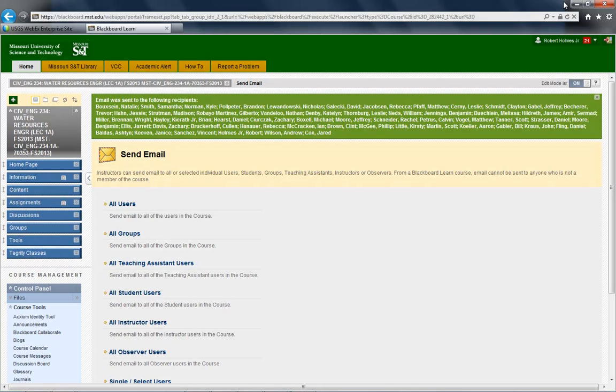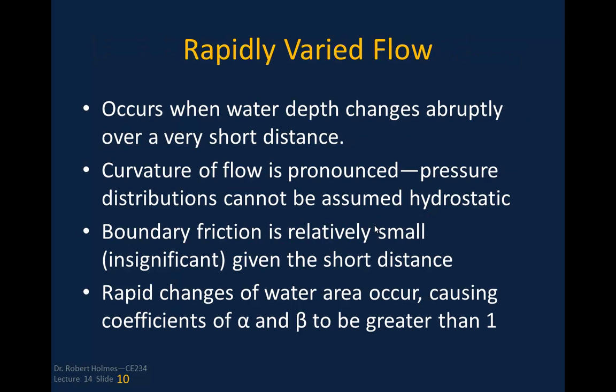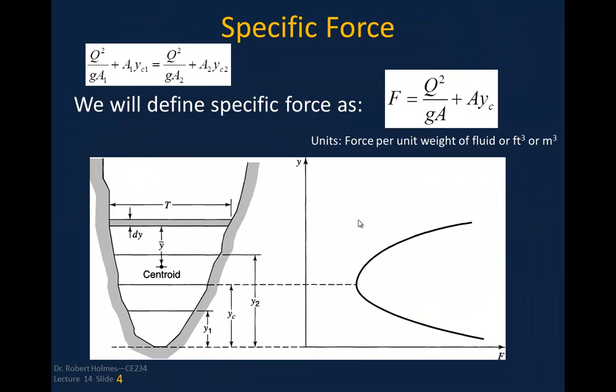Okay, so moving along, we can see that in the hydraulic jump, we have a supercritical flow on the upstream side, and we have subcritical flow on the downstream side. And this is basically the same specific force on each end of this hydraulic jump, but we're using these conjugate or sequent depths, which we've seen when we looked at the specific force diagram.